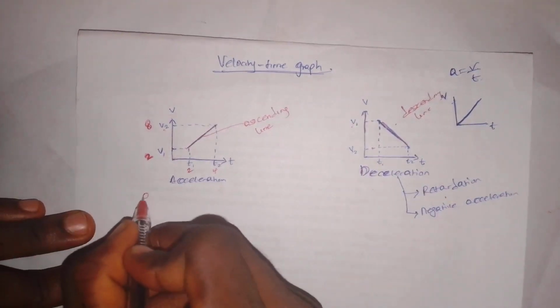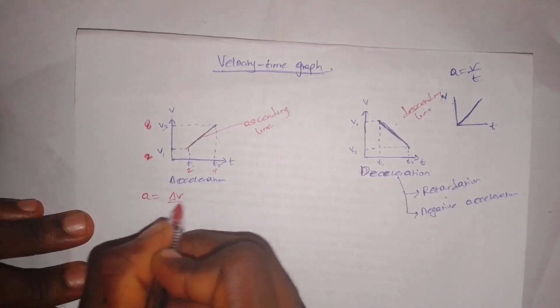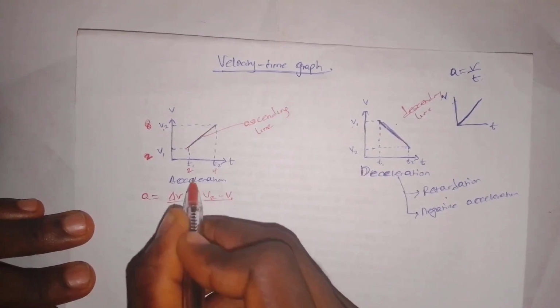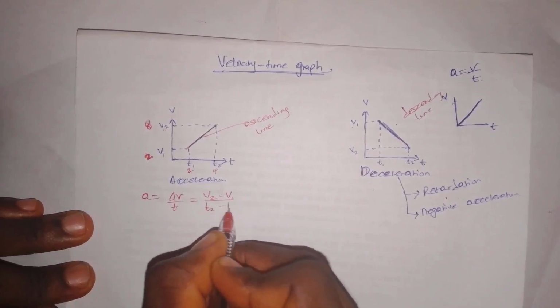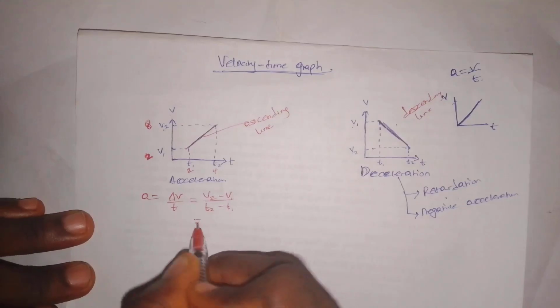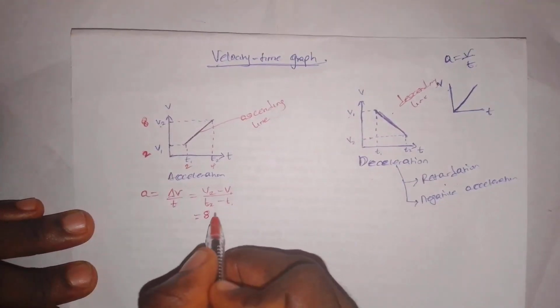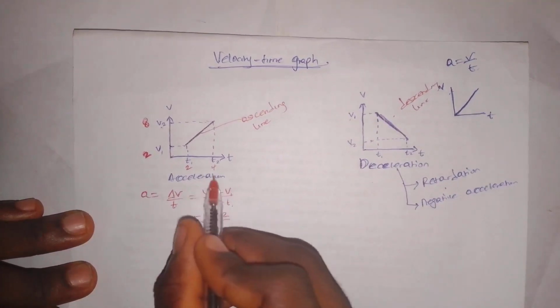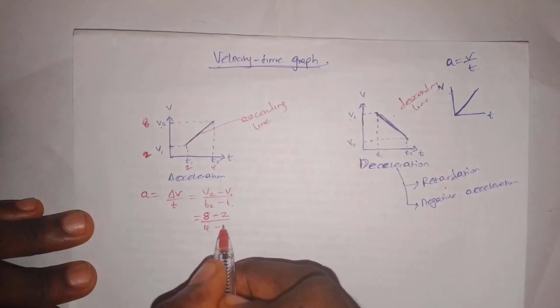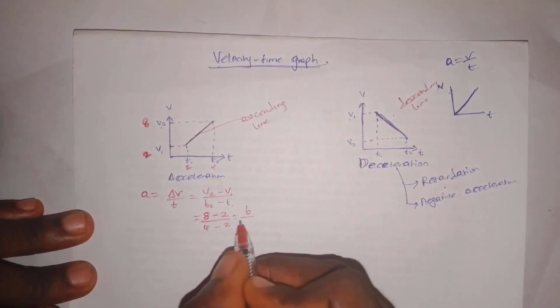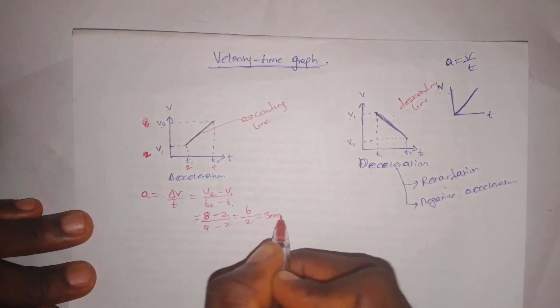Remember, acceleration is equal to change in velocity over time, which is V2 minus V1 over T2 minus T1. Our V2 is 8, our V1 is 2, T2 is 4, T1 is 2. This gives us 6 over 2. Our answer will be 3 meters per second squared.